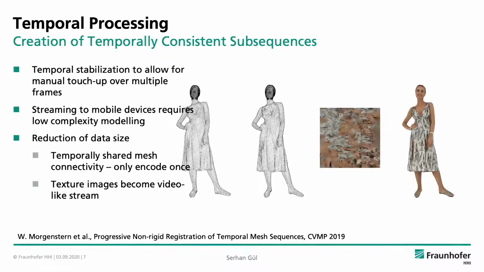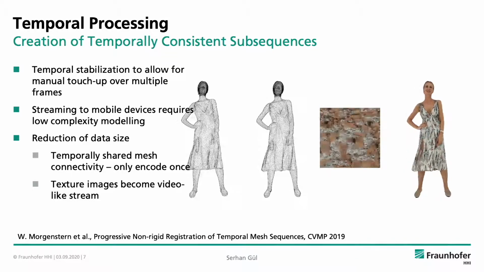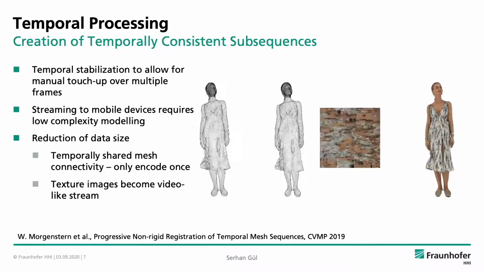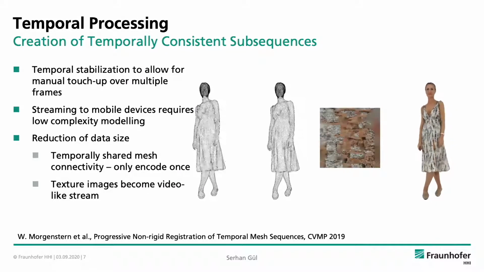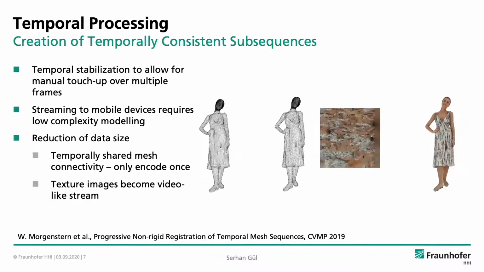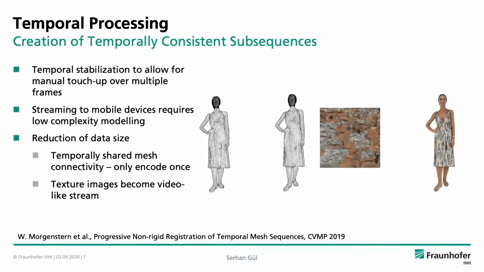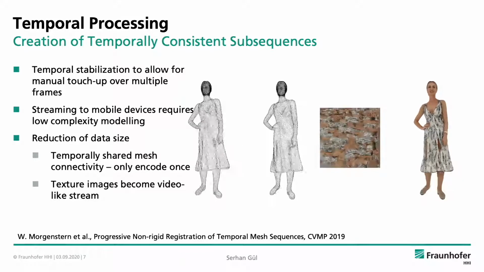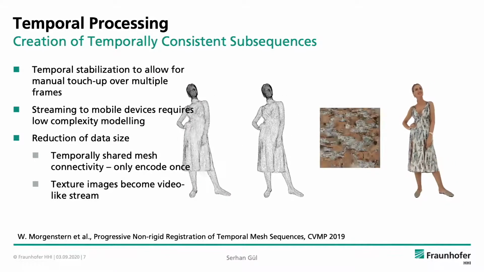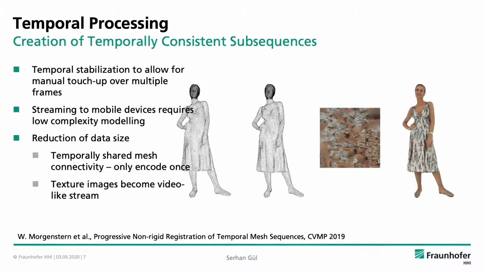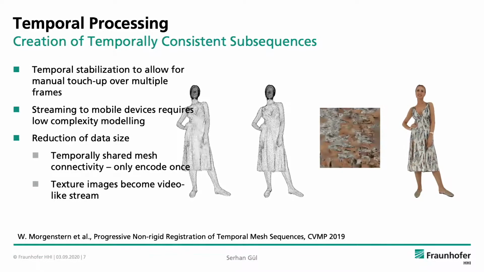Also, texture images become a video-like stream, shown on the right, that can be compressed very efficiently using a video encoder. With our approach, we are able to register meshes with 50,000 faces in a few seconds computation time on a single machine and with high accuracy. You can find more details in the paper here.